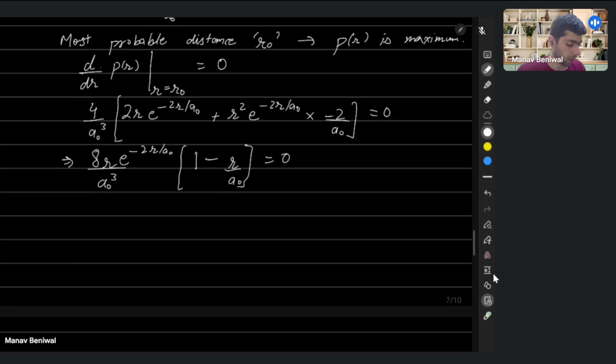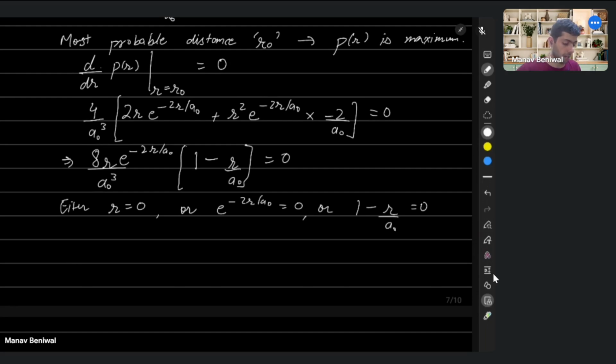So now this gives us three possibilities. Either r is 0, or e to the minus 2r by a naught is 0, or 1 minus r by a naught is 0.